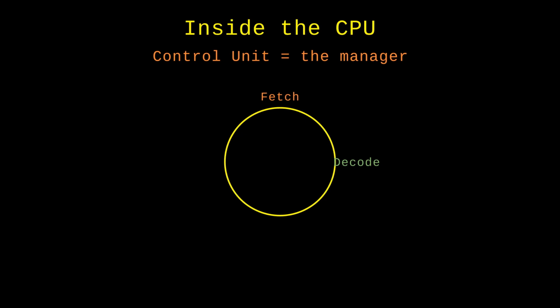It then sends signals to the right parts of the CPU. That's execute. Then it immediately goes back to fetch the next instruction. Over and over, billions of times a second. The control unit is the reason all those separate parts, the ALU, the registers, the memory connections, work together as a coordinated machine instead of just sitting there doing nothing.